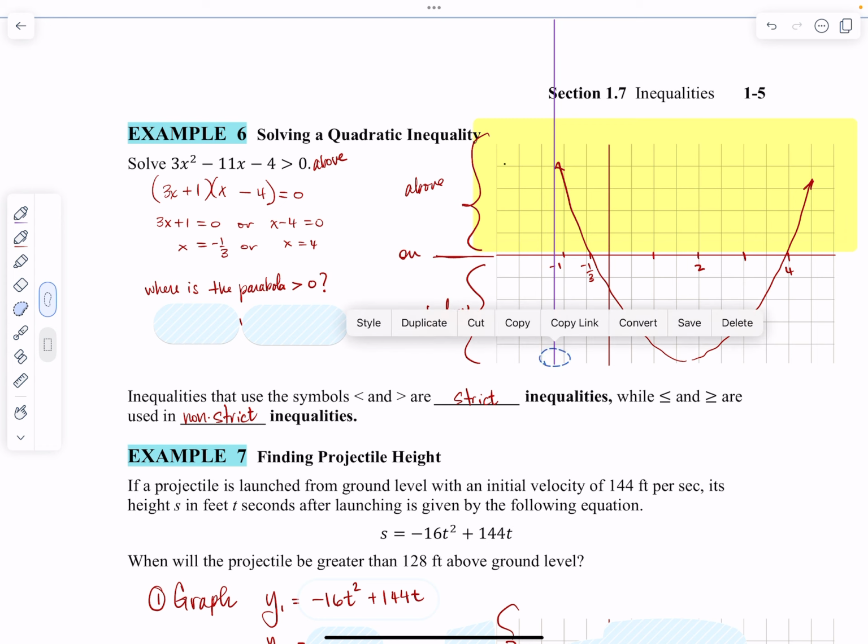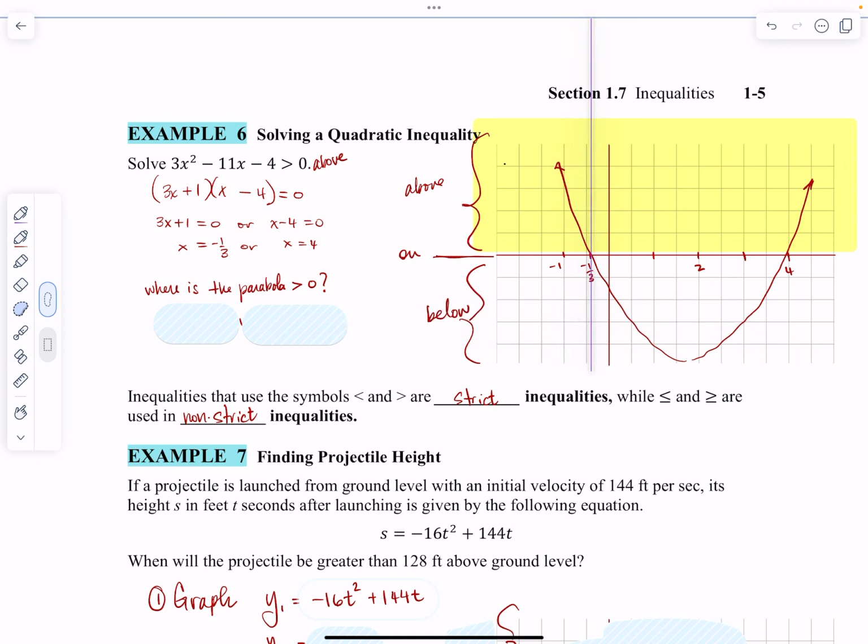So we would say then that we're starting at -infinity, and we're going to go all the way to that x value of x equals -1/3. So from -infinity all the way to -1/3. Now remember, we did not want the ons, so that's why I've used a round parenthesis here.